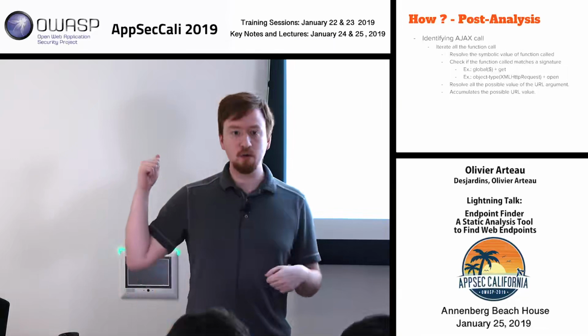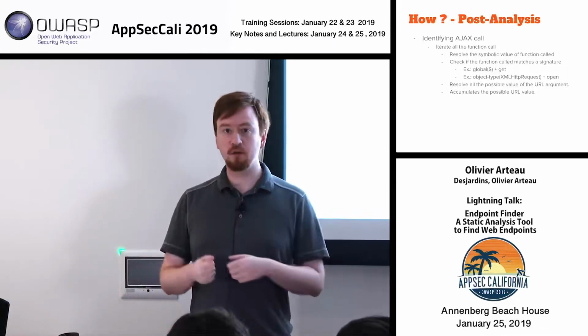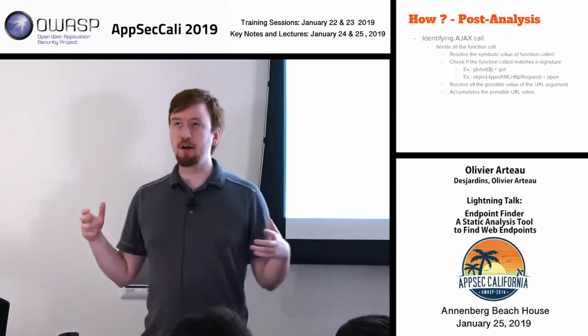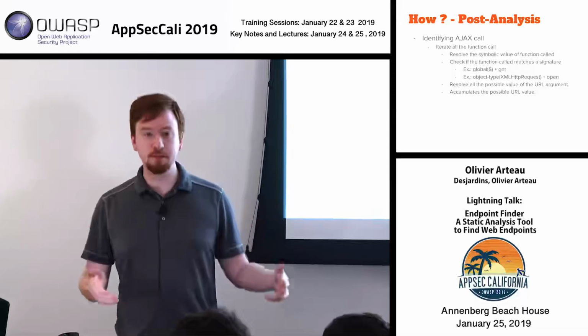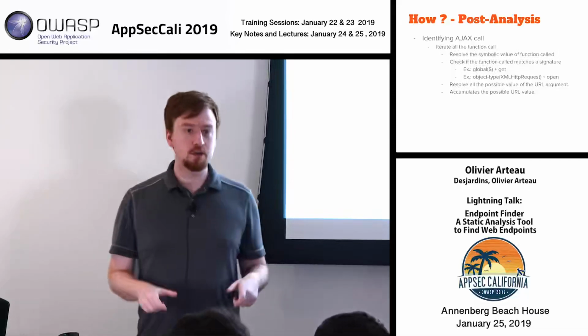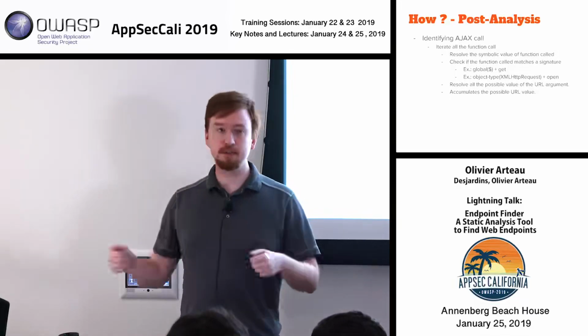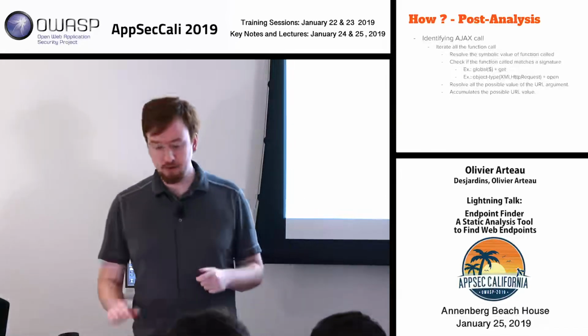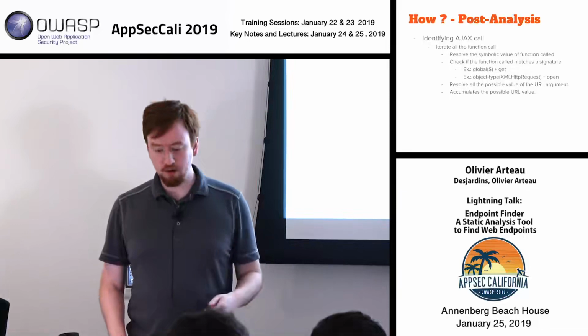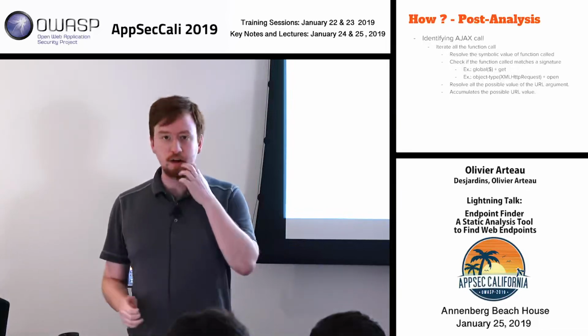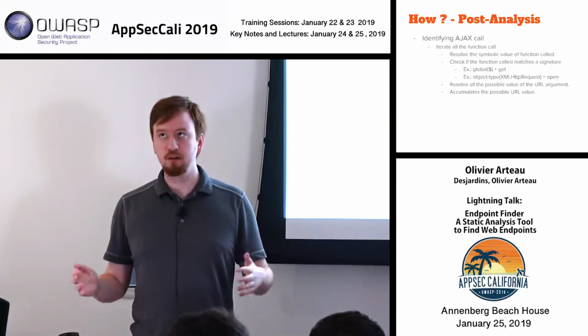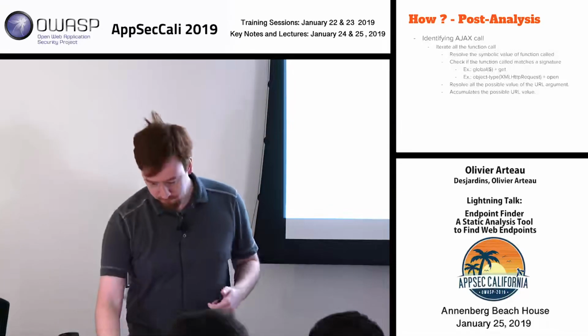So it looks, for example, for a global object named $.get, and an object of type XMLHttpRequest.open. So it's a very precise thing. It's not just something.get or something.open. This is to help avoid false positives.